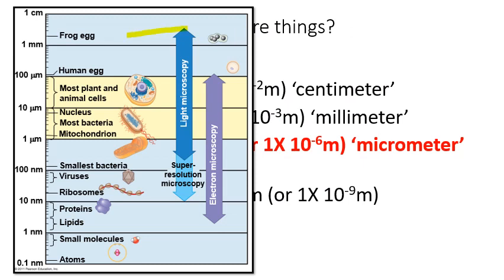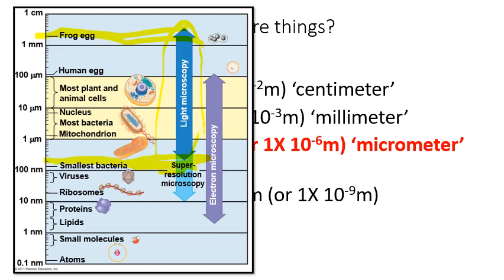Anything from half a millimeter down to about 0.1 micrometers, you can see with a light microscope, also known as a bright field microscope. A bright field microscope is one where you simply use ordinary visible light to illuminate the specimen.